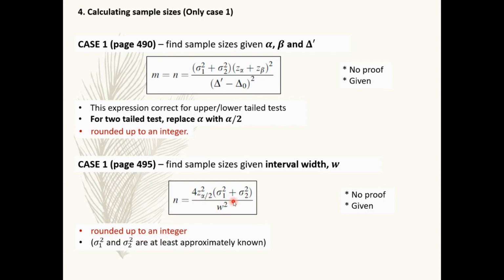And you don't need to know the proof. It will be given in the formula sheet again. And although I said only case 1, you'll see there's a note in the book where it says you can actually use this result where sigma 1 and sigma 2 are at least approximately known. So that's just a note.